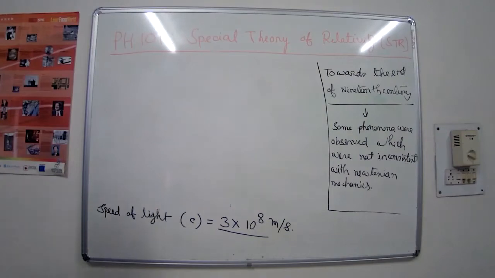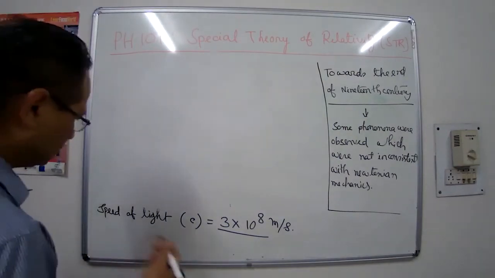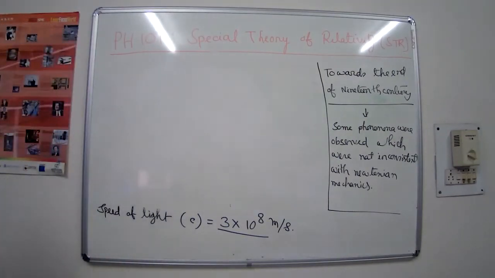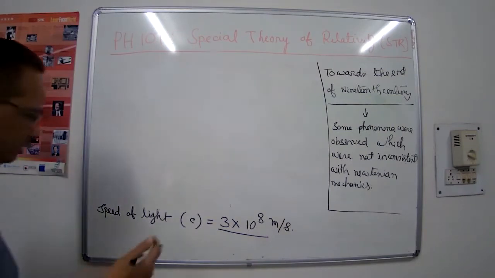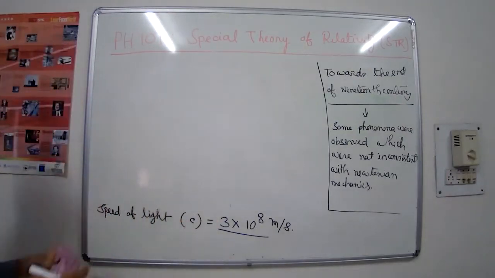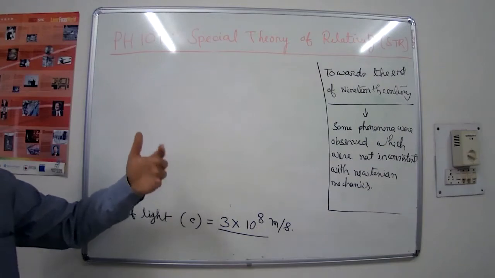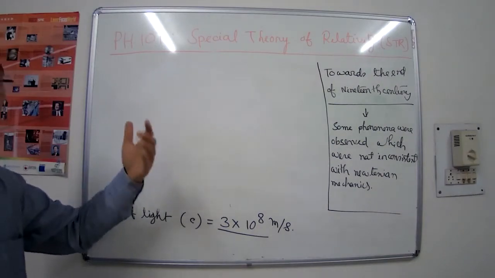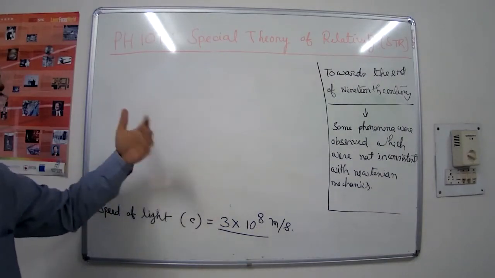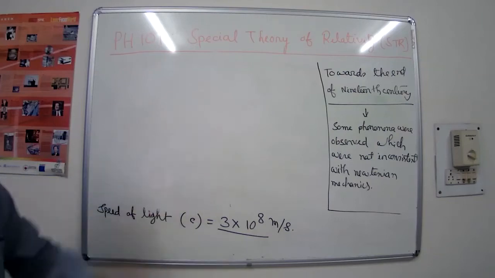Now, if you consider a classical body that we see in our day-to-day life, and then talk about its speed, when I say classical body, I'm talking about a body whose position and whose speed you can detect or measure without any difficulty.